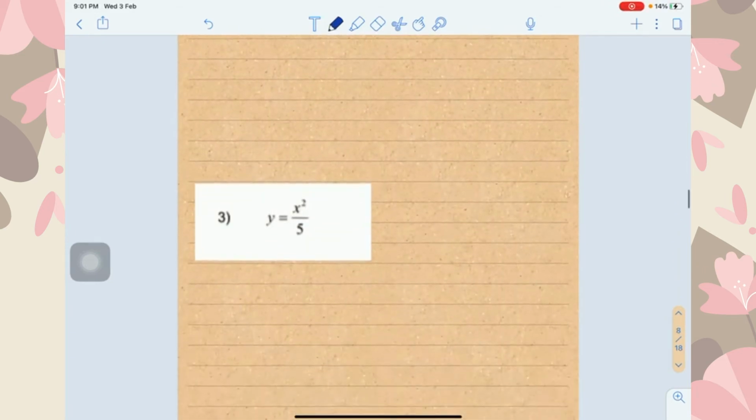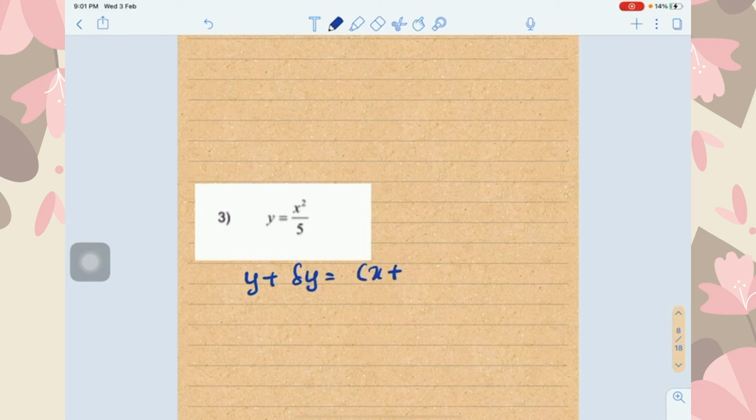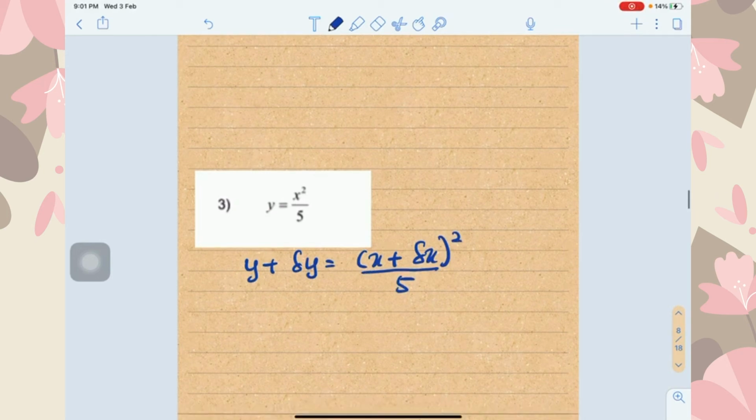Next one. We have y plus delta y equals (x plus delta x) squared over 5. So substitute y, which is x squared over 5, plus delta y.